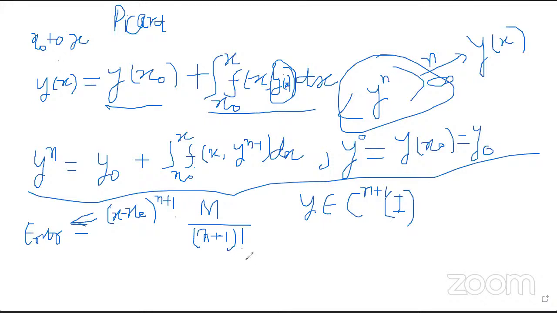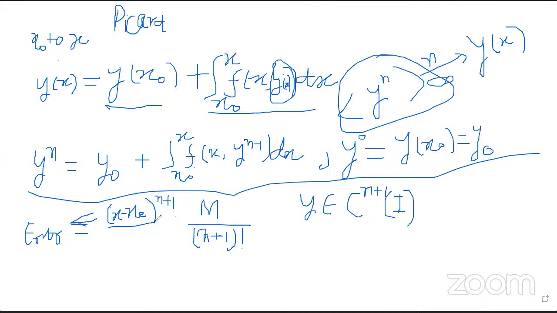This thing is clear. So now look, on what does the error depend? Error depends on this term. Are you agree? Yes, if x is far from x naught, then the error will be more. Am I right?